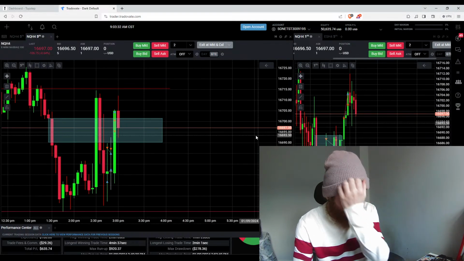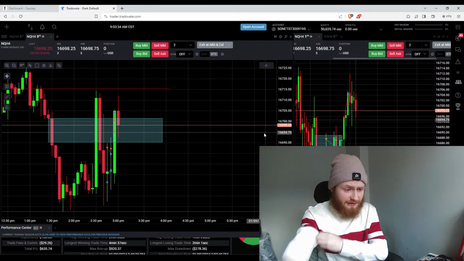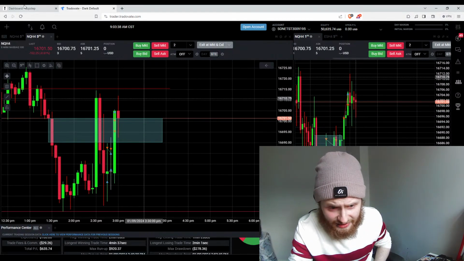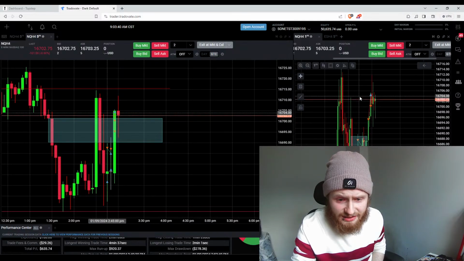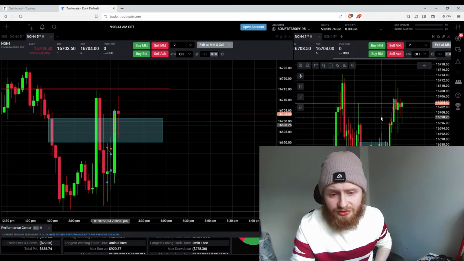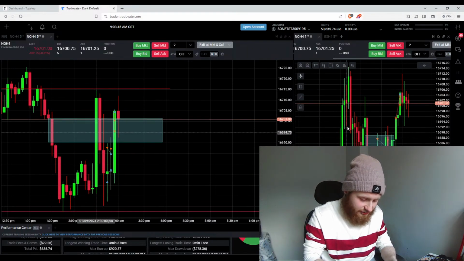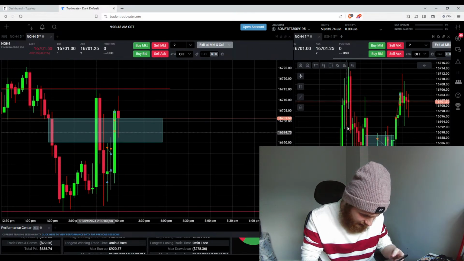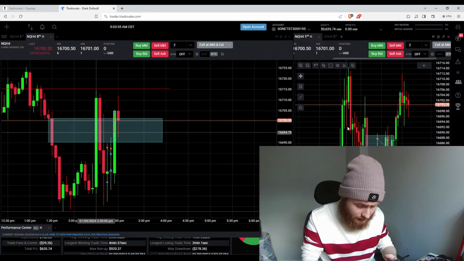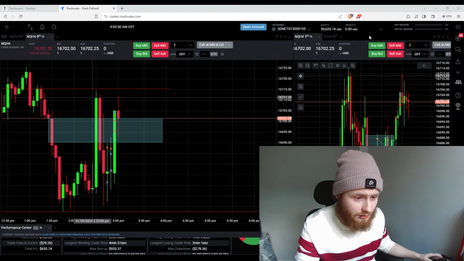We're having a nice little rejection here, and I'm just trying to keep an eye on the 1 minute chart to see for any structure changes within. Doesn't look like we're really having any structure changes either.